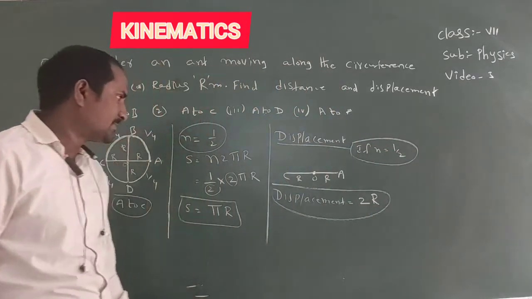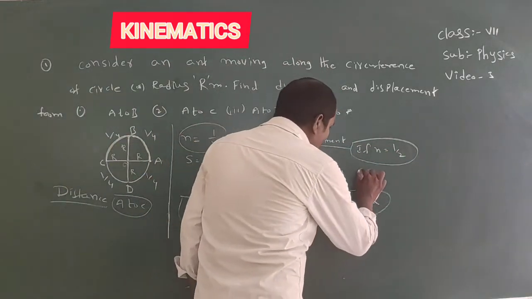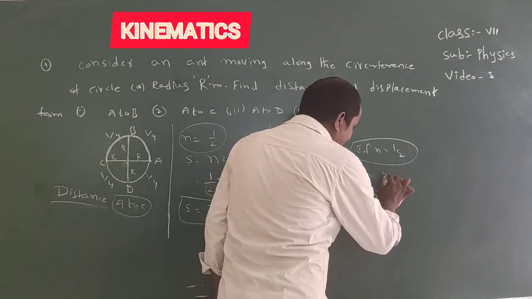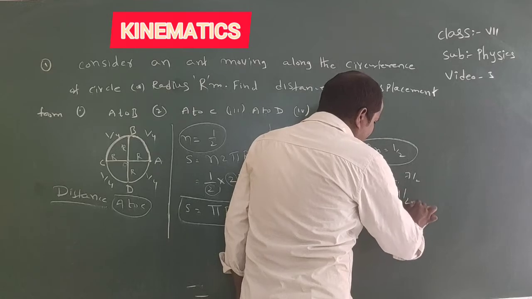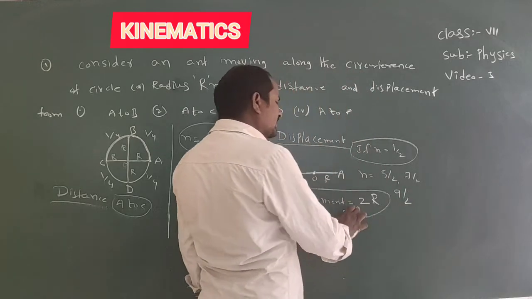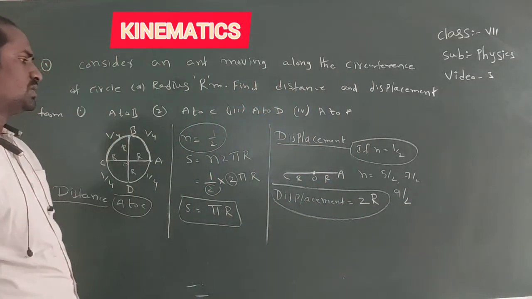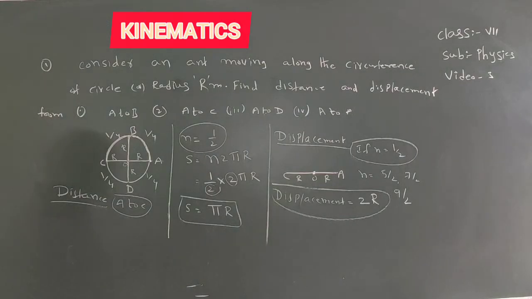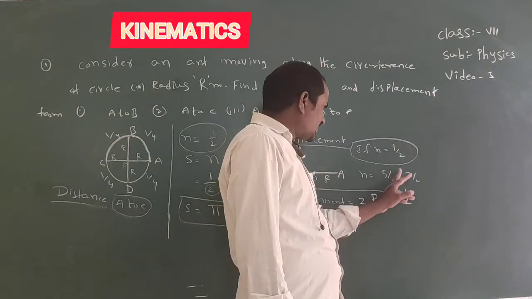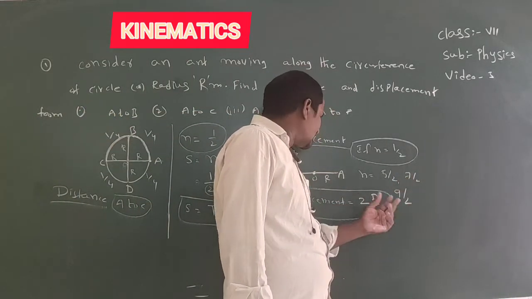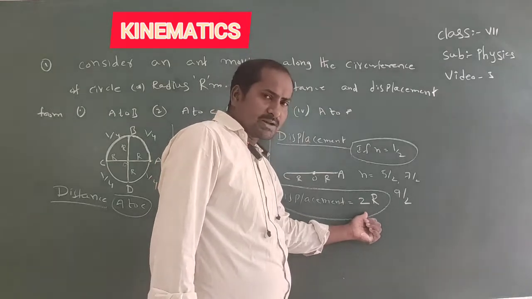If n equal to 1 by 2, for example, if the body is given 3 by 2 or 5 by 2 or 7 by 2 or 9 by 2, even though, displacement is 2r. For n equal to 1 by 2 or 3 by 2 or 5 by 2 or 7 by 2 or 9 by 2, displacement is the same, that is 2r.